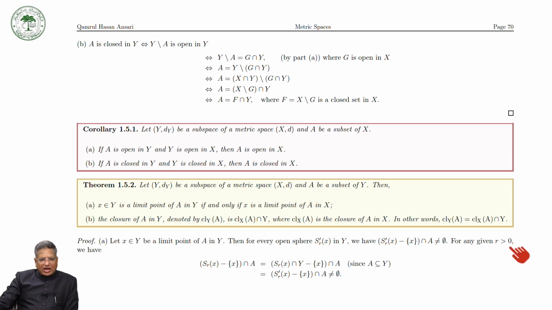Now for any given r greater than 0, we can take the open ball at x with radius r in the metric space X, intersection A.